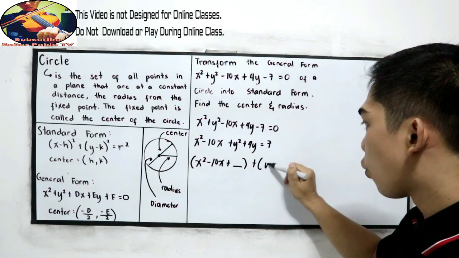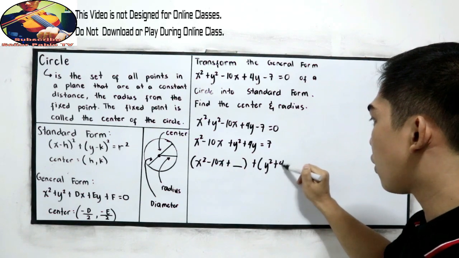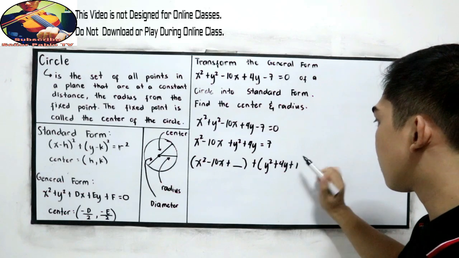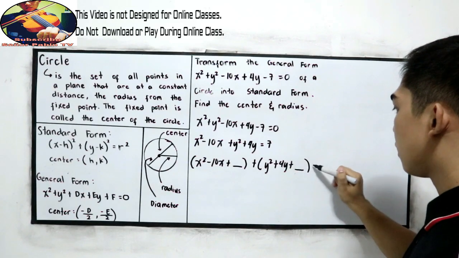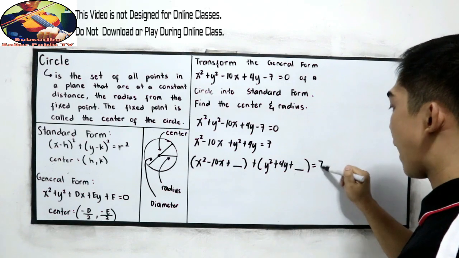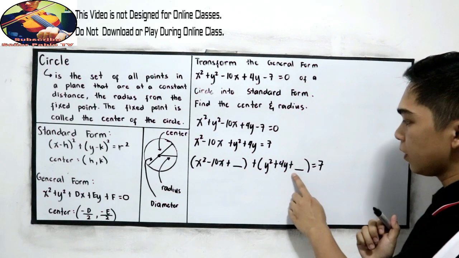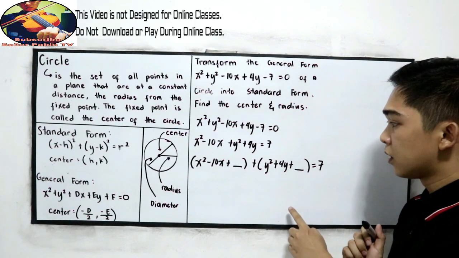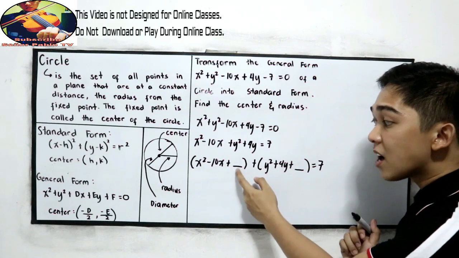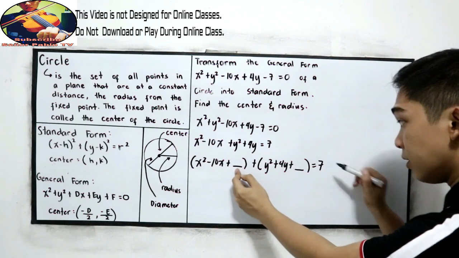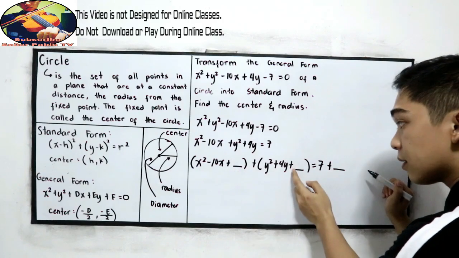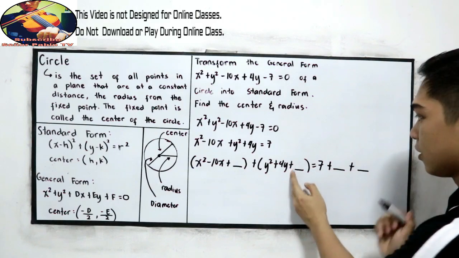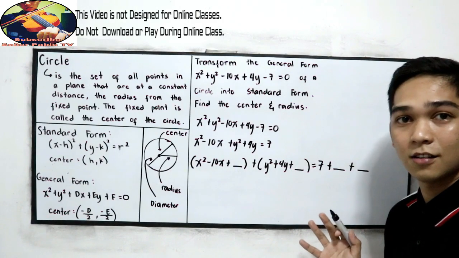Plus y squared plus 4y plus blank is equal to positive 7. Okay. We will add a blank on the left side of the equation. So we need to add blank here and another blank to make the equation balance.